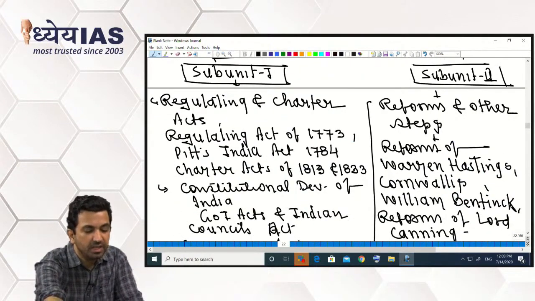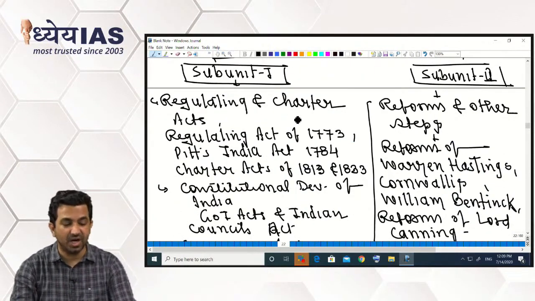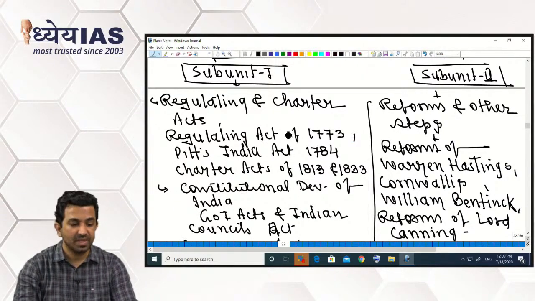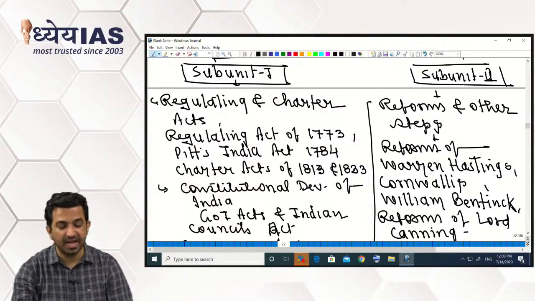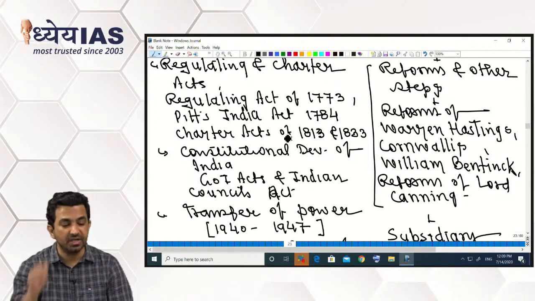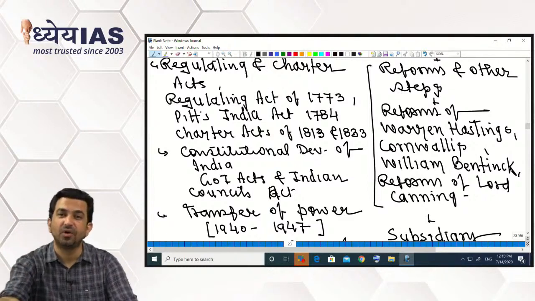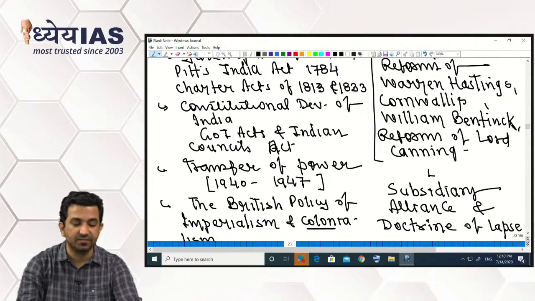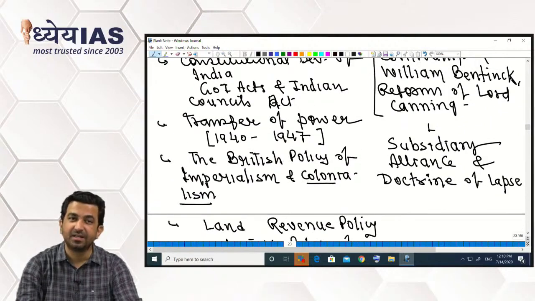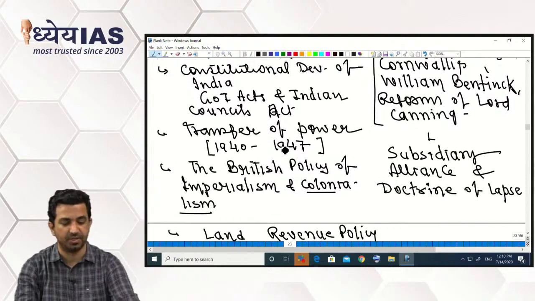Subunit 1 includes Regulating and Charter Acts, Regulating Act of 1773 and Pitt's India Act 1784, then Charter Acts of 1813 and 1833, and then the Constitutional Development of India like Government of India Acts and Indian Councils Act, and then transfer of power from the British into the hands of the Indians like August Offer, Cripps Mission, Wavell Plan, and Cabinet Mission Plan.